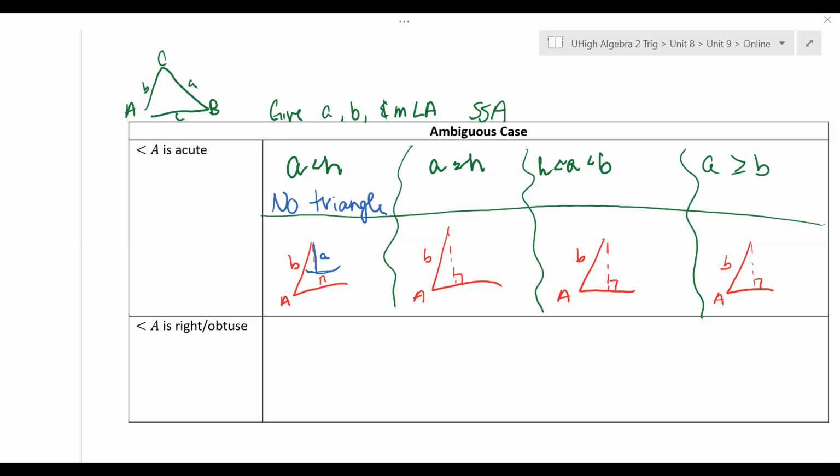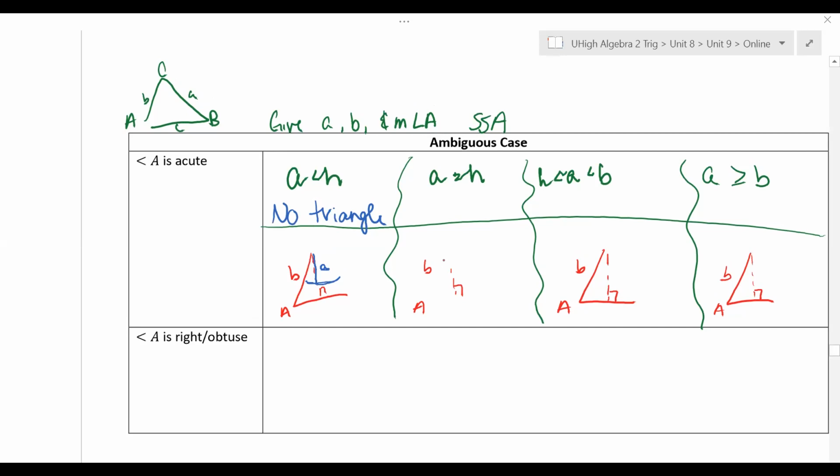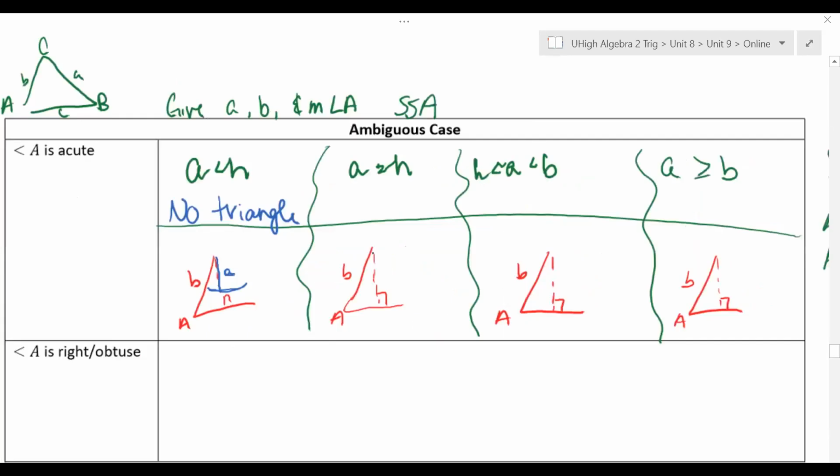Now, if a was equal to h, so if I took my a value and I drew it just right down, oh no, sorry guys. Let's redraw this really quick. If I took my a value and drew it right down that same line of h, and I looked at, okay, if a is this long, this is the pathway.